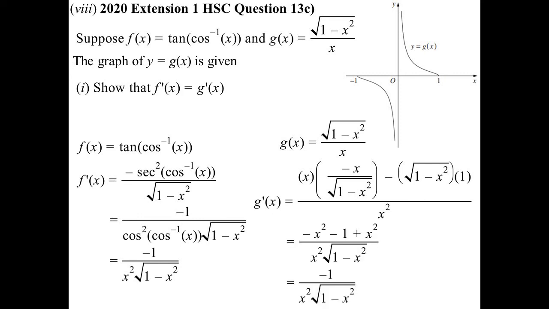Yeah, well, let's push the square root of 1 minus x squared into the denominator, which means that second square root of 1 minus x squared just becomes 1 minus x squared, but it's minus all that, hence minus 1 plus x squared. Minus x squared plus x squared minus 1. Yeah. We've ended up with the same thing. Ooh, very tricky. You can see lots of places to make silly mistakes in that one. All right, but we've done what they want us to do.